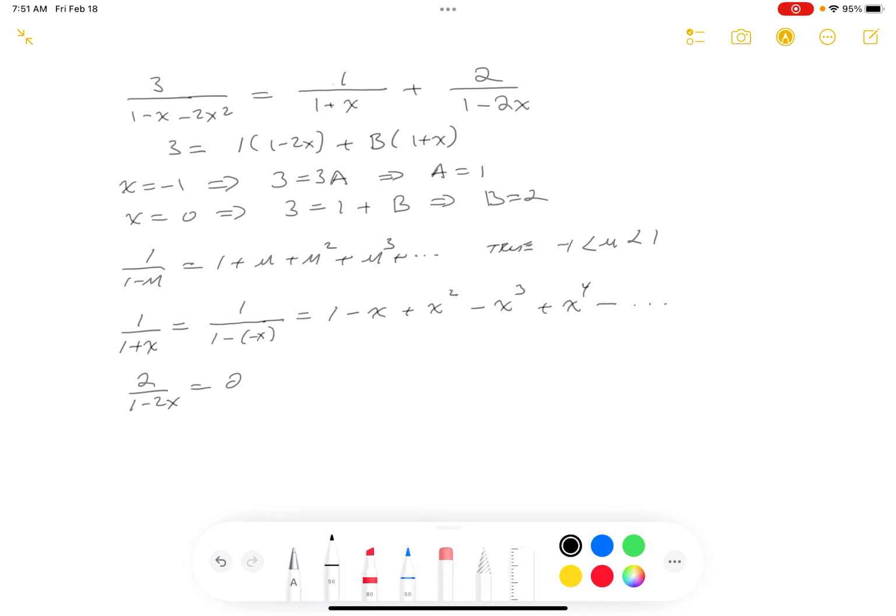So this is going to be 2 times 1 over 1 minus, in parentheses, 2x. It's going to be 2 times something now. Well, I'm using that geometric pattern: 1 plus 2x plus 2 squared x squared, excuse me, plus 2 cubed x cubed plus yada, yada, yada.